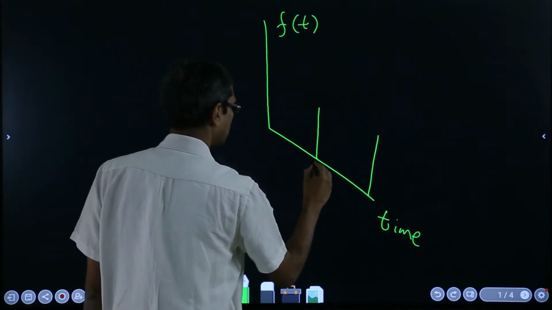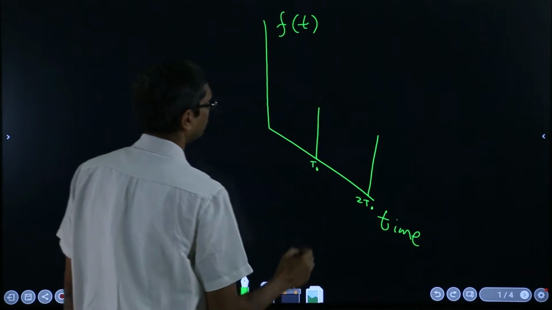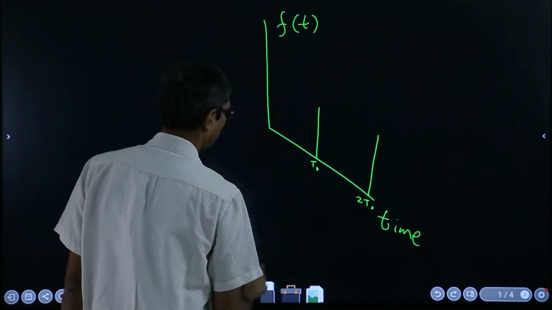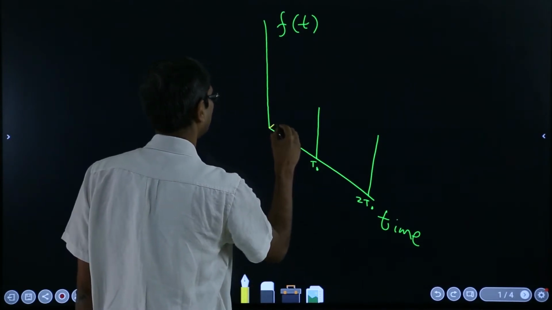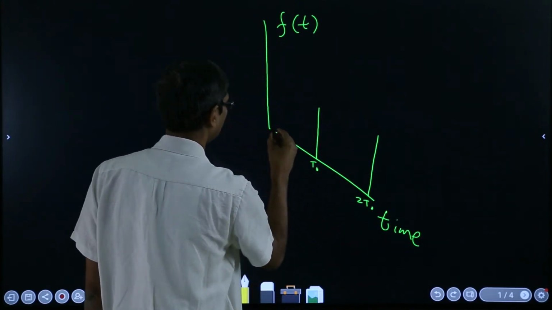So this is t naught, this is 2 t naught, etc. t naught is our time period, and let me try to draw a function which is periodic in this.